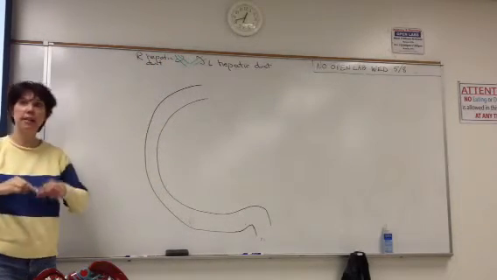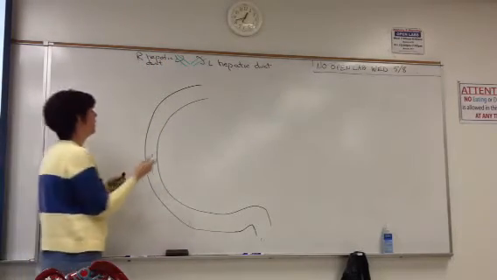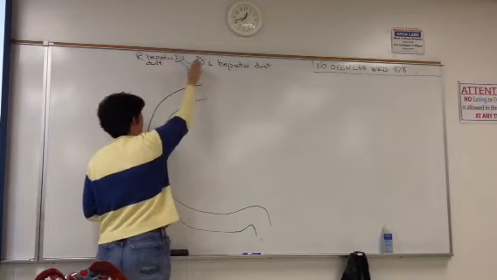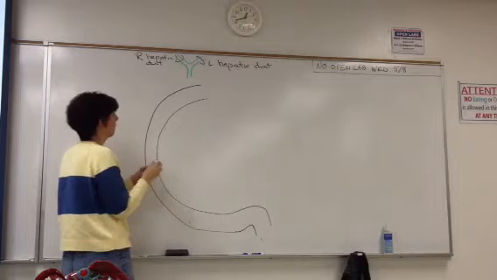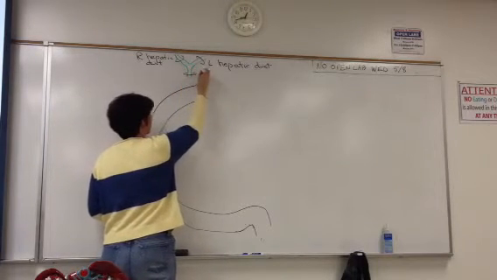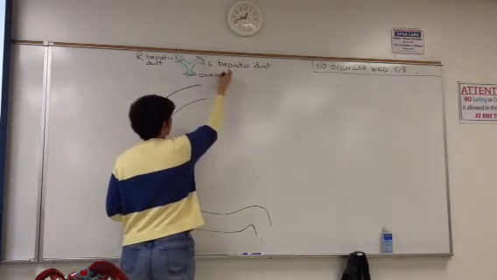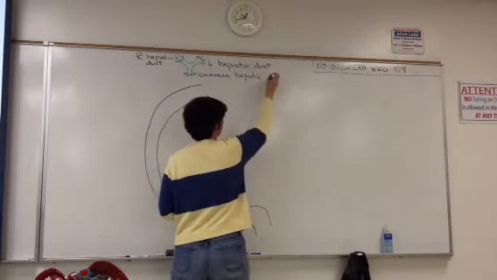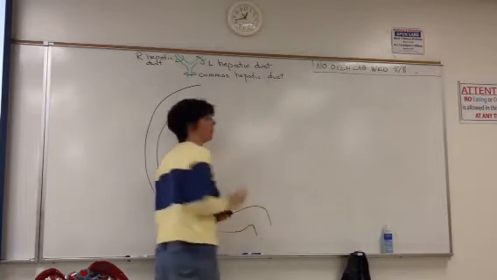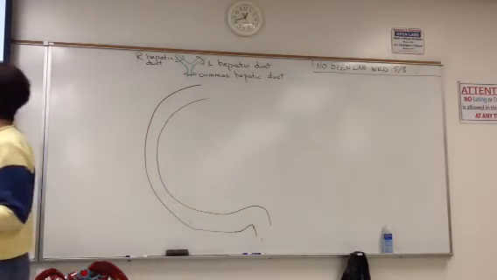The two hepatic ducts, right and left, join together to form a short common hepatic duct. And then it has two places to go.